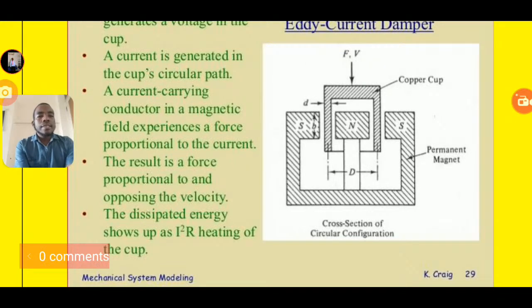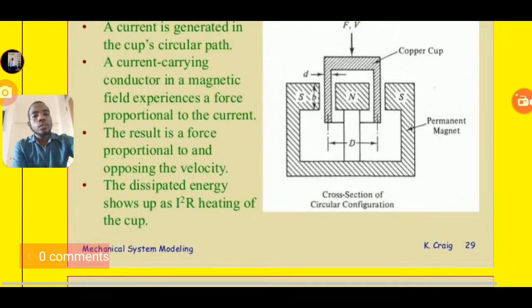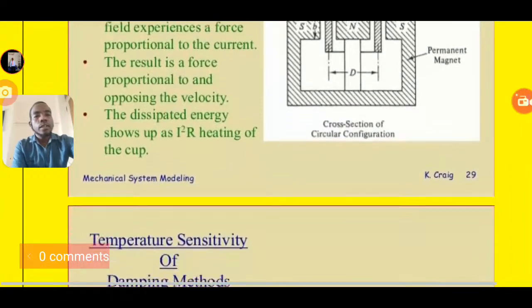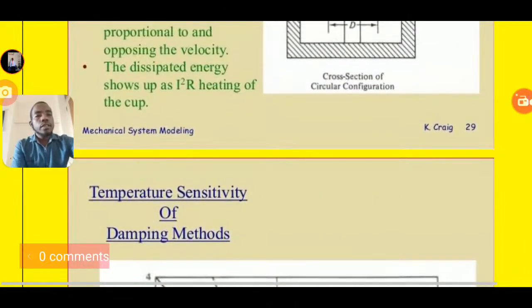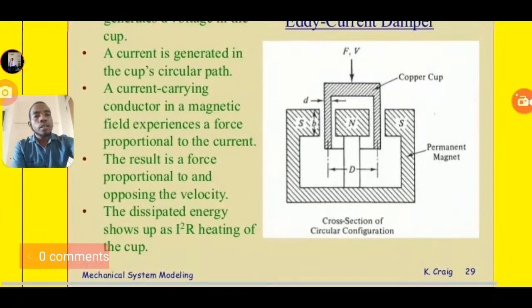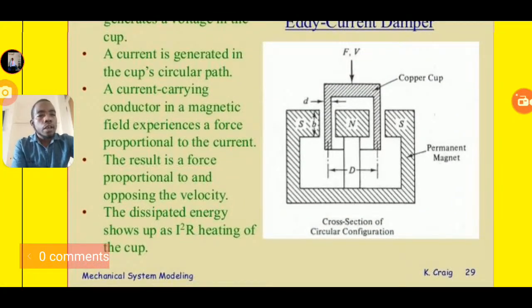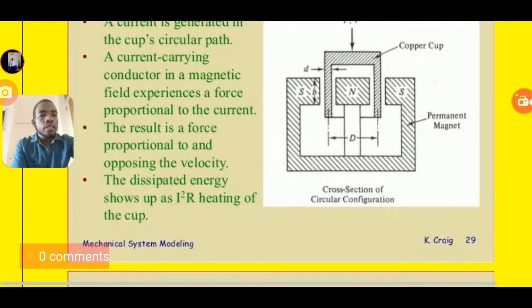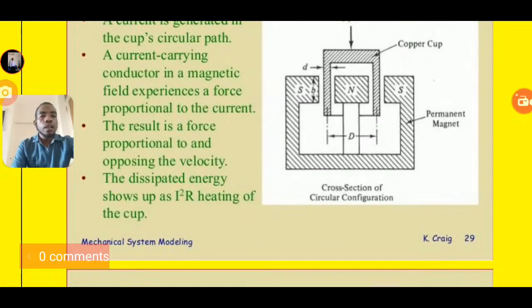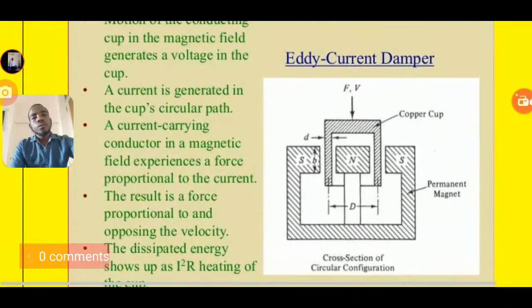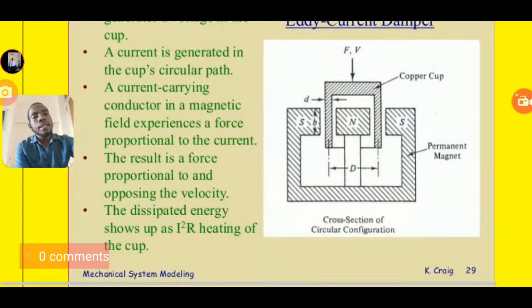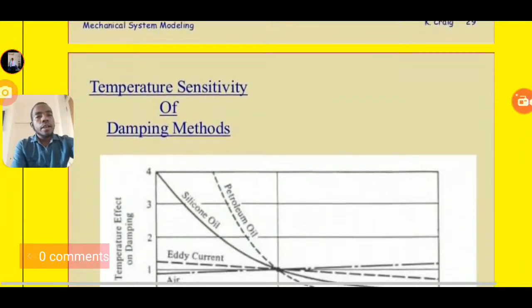So the dissipated energy shows up as I squared R heating of the cap. So like this we can see the diagram also. This is the copper cap, and this is the damper element. This is diameter D. This is the permanent magnet. This is the cross section of the circular configuration. So this is the concept for the eddy current damper.